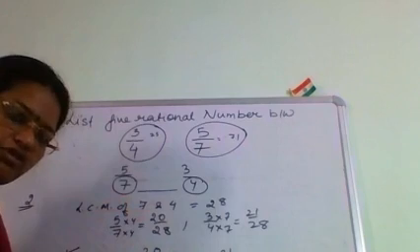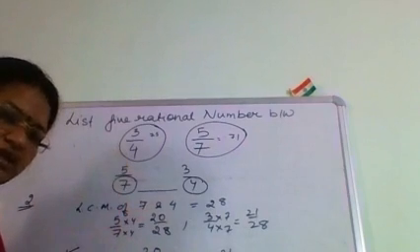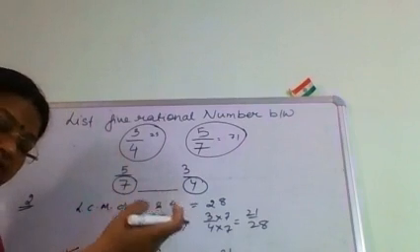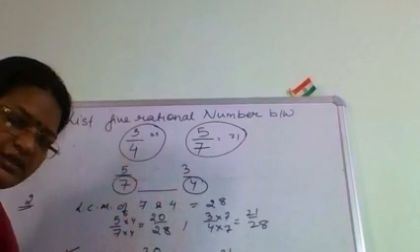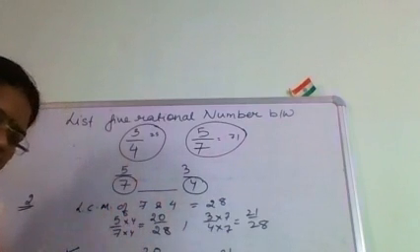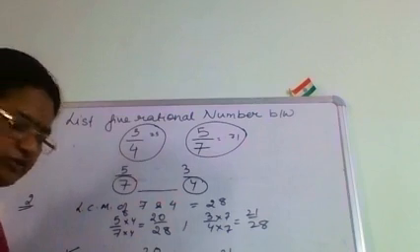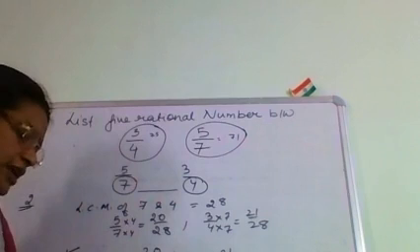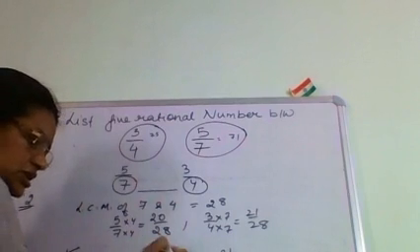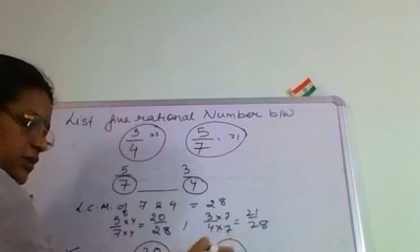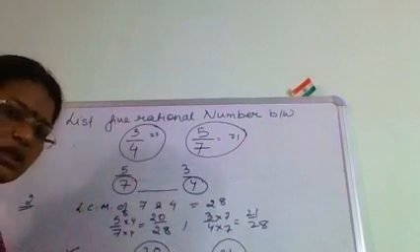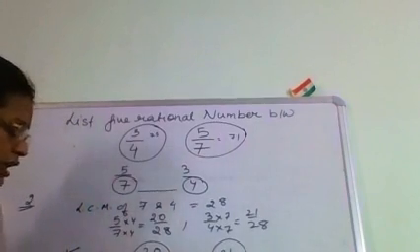I cannot write in decimal because I have to write in rational numbers. So 20.5 I cannot write. So what I will do is multiply both this term and this term with the same number in numerator and denominator both.